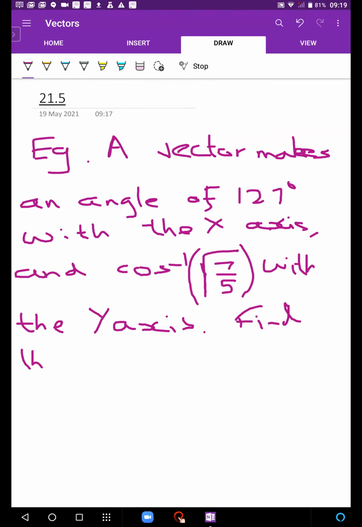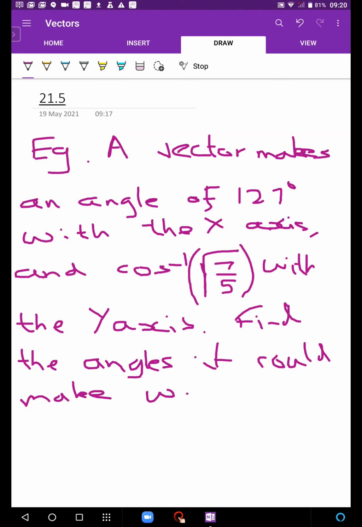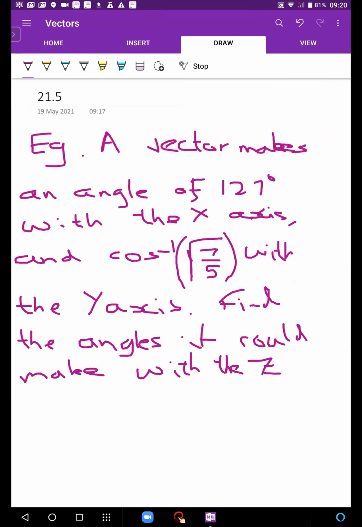Find the angle it could make with the z-axis. Alright, try it.